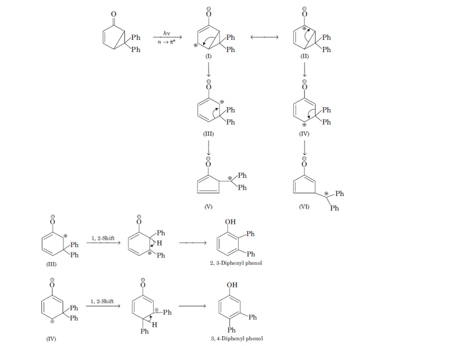When the photolysis is carried out in aqueous dioxane, 2,3-diphenyl phenol is the major product and 3,4-diphenyl phenol is the minor product. In the presence of acetic acid, equal amounts of 2,3 and 3,4-diphenyl phenol are obtained.